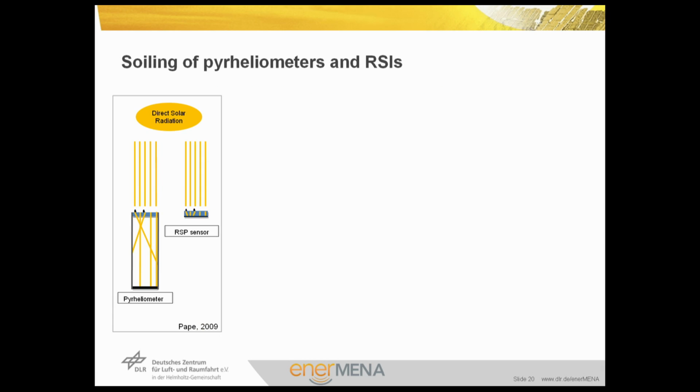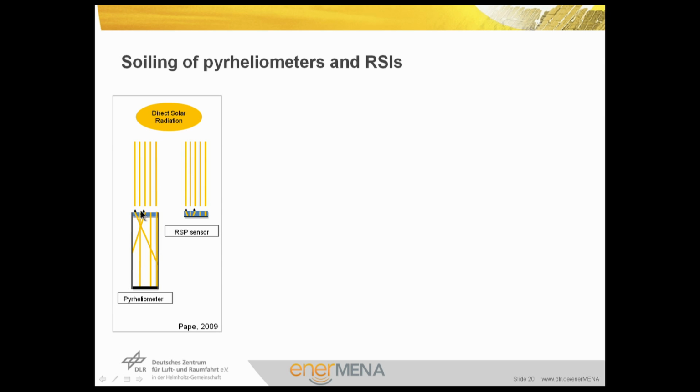RSIs have a big advantage if we compare them to pyrheliometers. That is the effect of soiling on the sensor. This is explained in this sketch here. So we have direct solar radiation falling on an RSP and on a pyrheliometer.